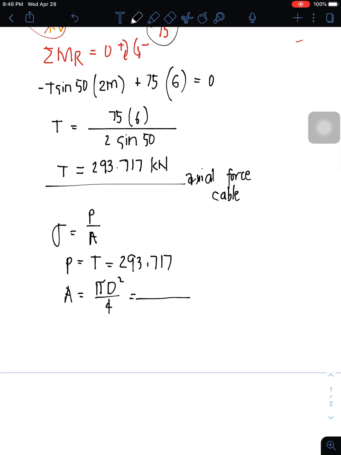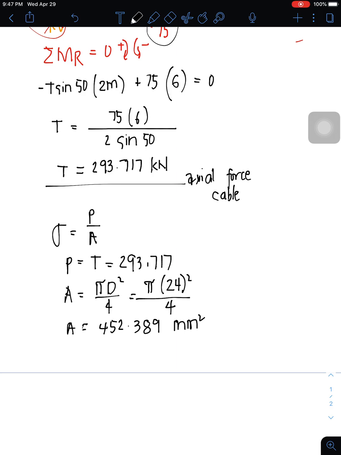So you have pi times 24 squared over 4. The area is 452.389 mm squared.